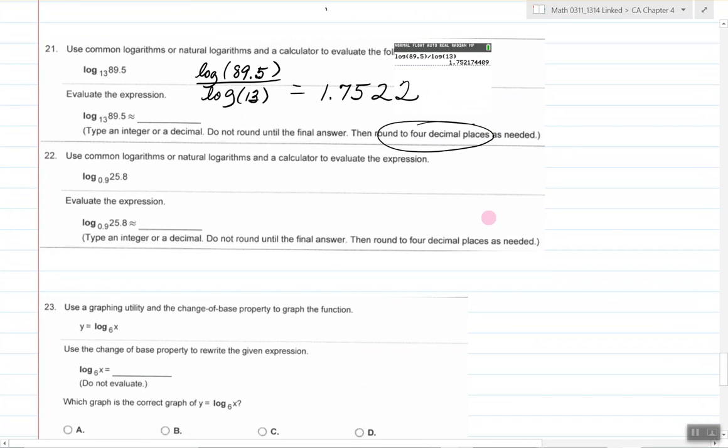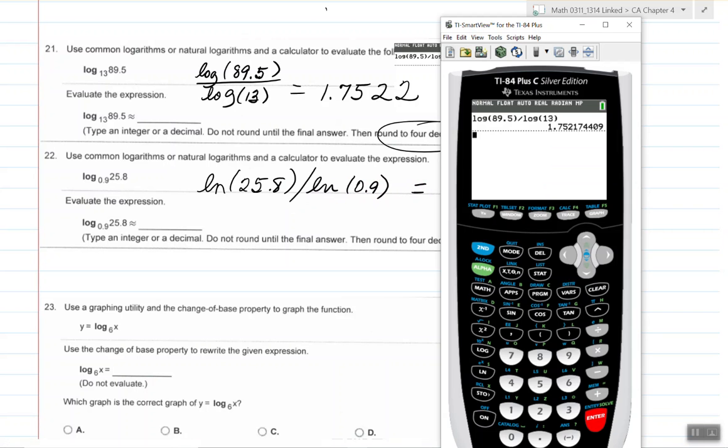All right, the final one of these, let's suppose I do the natural log of 25.8 divided by the natural log of 0.9. I have no idea what that is, so I go to the calculator and natural log 25.8 close divided by natural log 0.9.